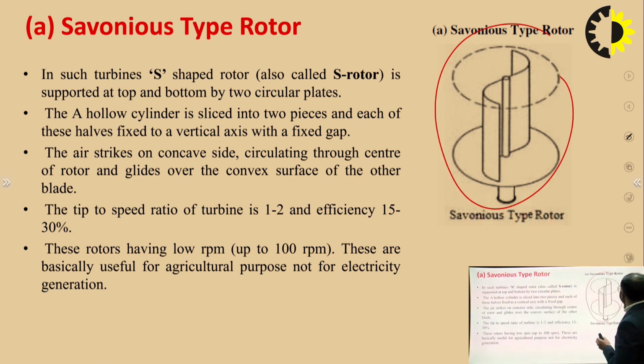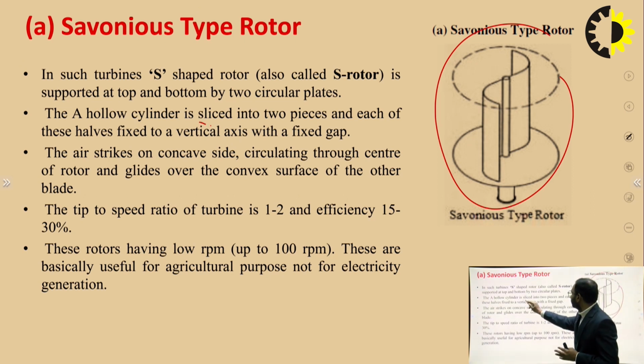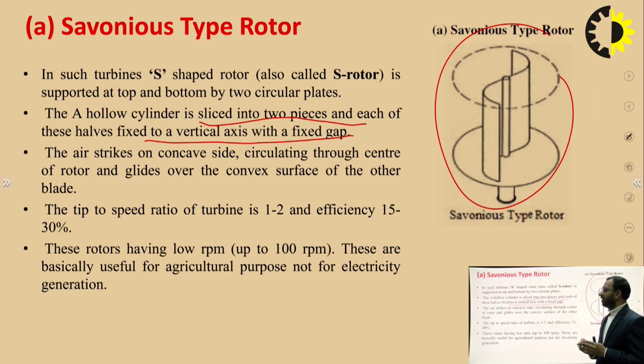Basically, its rotor looks like an S shape. So in such a turbine, the S shape rotor, also called an S rotor, is supported at the top and bottom by two circular plates, and a hollow cylinder is sliced into two pieces, and each of these halves is fixed to a vertical axis with a fixed gap.